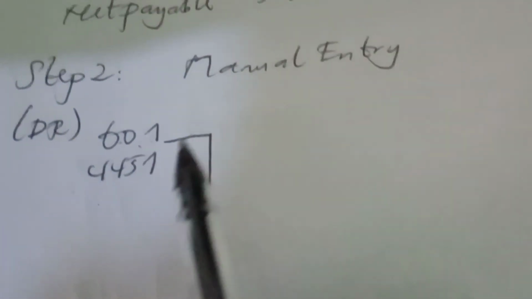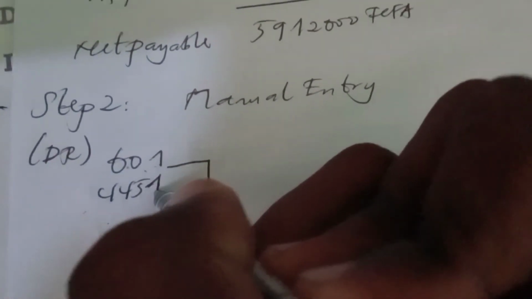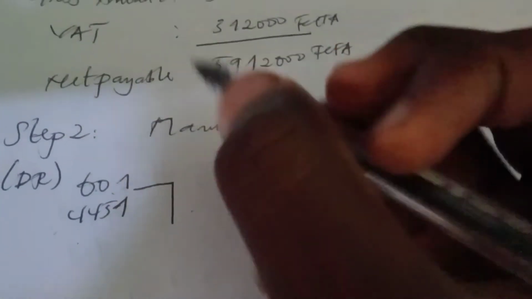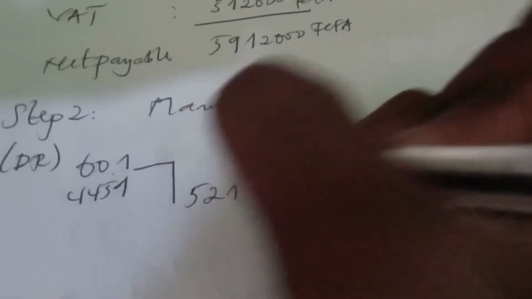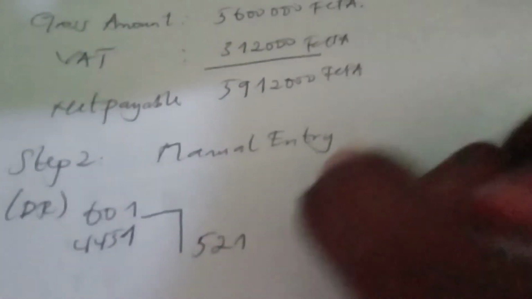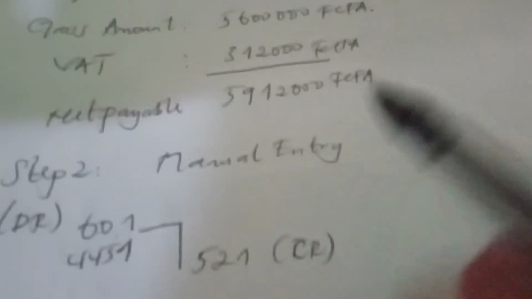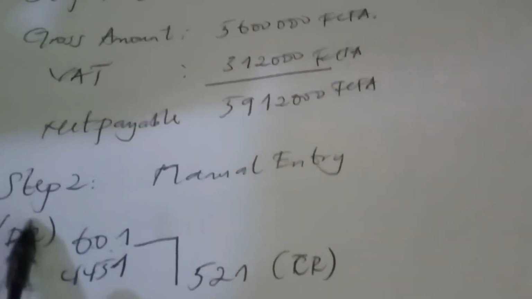It was the first VAT on purchase, so it's 4451. Now to the credit of what was going out, since we're buying goods, it was cash, because they say the payment was made by bank. So we're paying by bank, so 521. It's cash leaving the company, that's why we're crediting it, and it's goods entering the company, that's why we're debiting it.